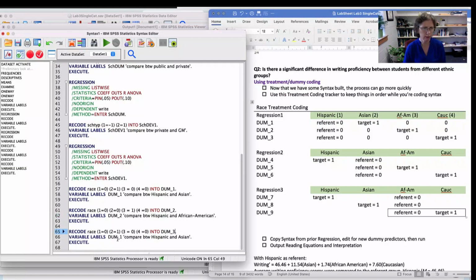DUM3, need to change it at both places here, is going to be my comparison between the referent Hispanic and the target Caucasian. And my numbers need to be, my referent is 0, my target is 1, everyone else is 0.